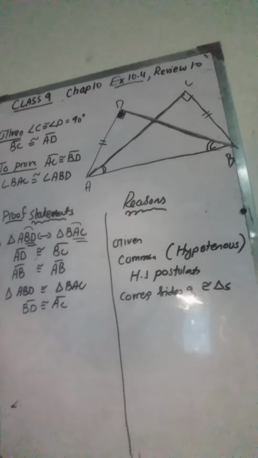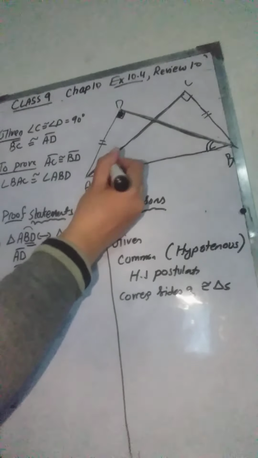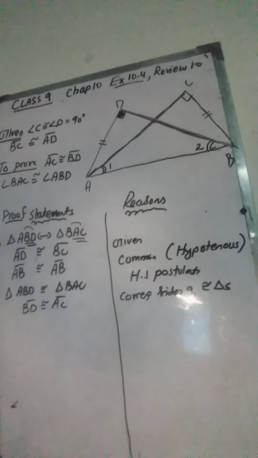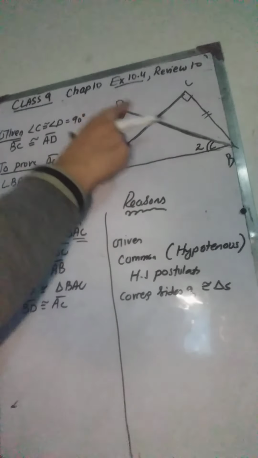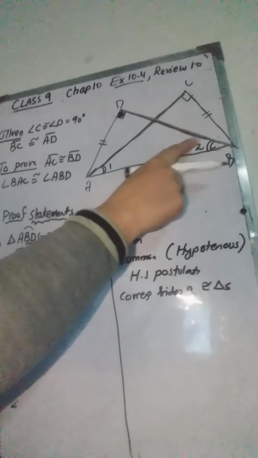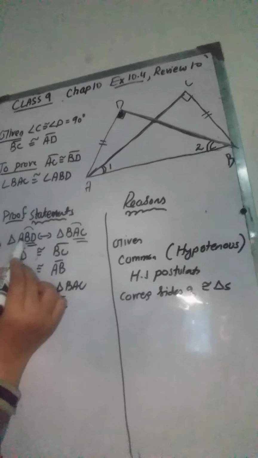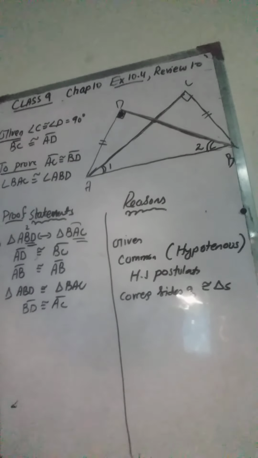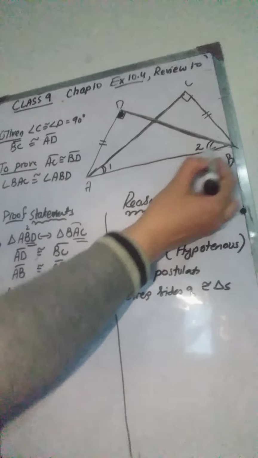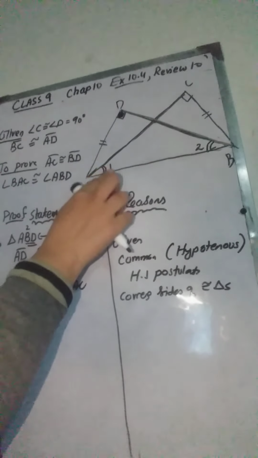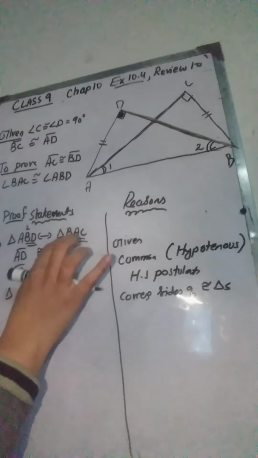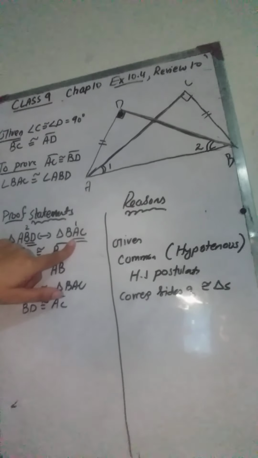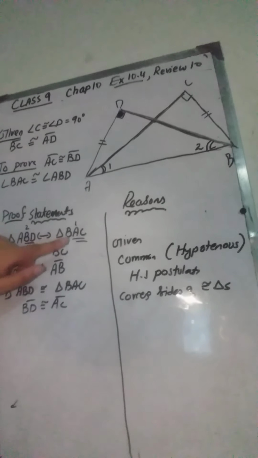Also, let me name this angle as angle 1 and this angle as angle 2. Now, in triangle ABD, angle 2 is at the vertex B. In ACB, or BAC, angle 1 is at the vertex A. As B is corresponding to A, angle 2 will be corresponding to angle 1.